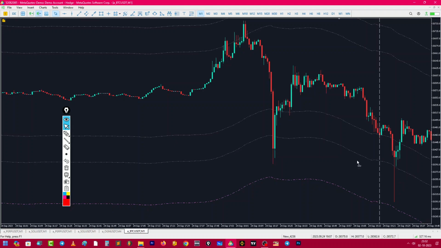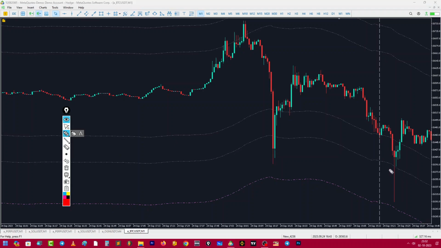Okay, so you see price has touched this level and closed above this. You can see price has touched this level and the closing of the candle is here. Okay, so I told you that in this area you can take entry as soon as this thing happens, and here you can see the risk reward is minimum 1:2.